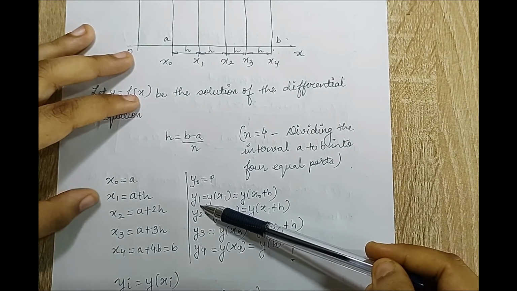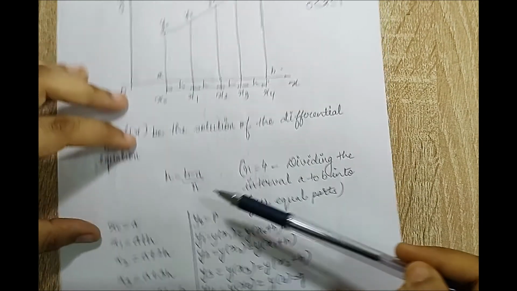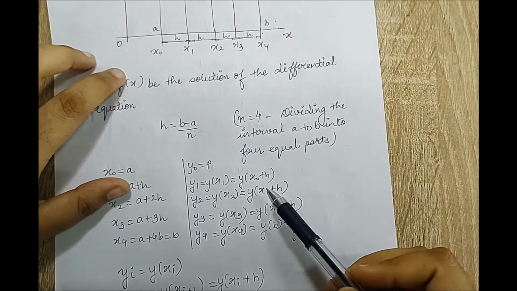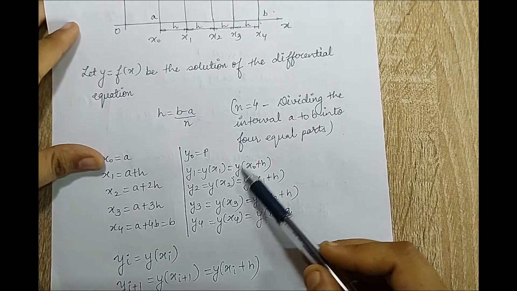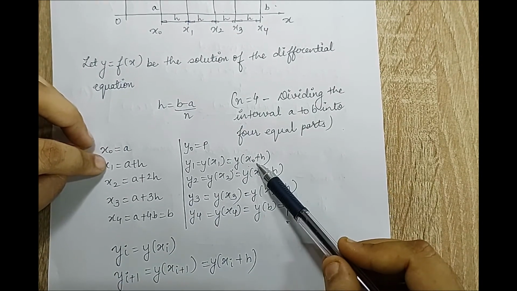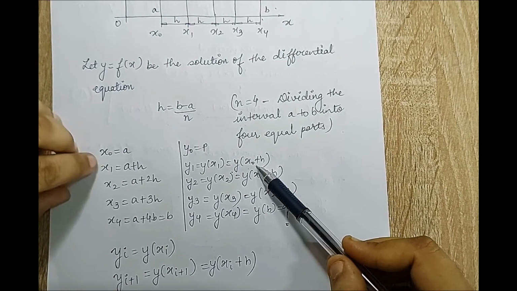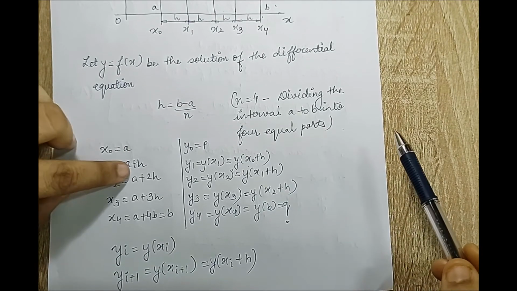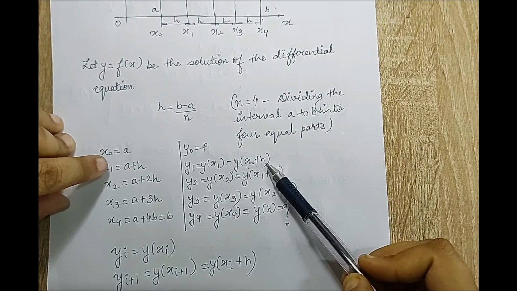Similarly for y1, which will be at x1, if you see the diagram, y1 is calculated over x1. At this point, we can say y has to be in terms of x0 plus h. Now, why am I writing x0? Because if you observe here, this a is also equal to x0. So, instead of writing a plus h, I have written x0 plus h.